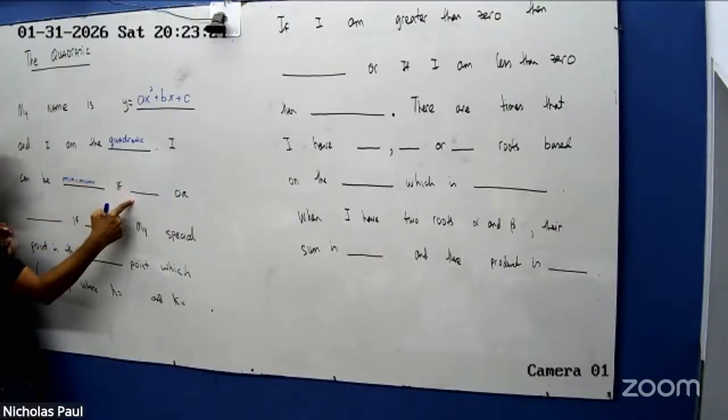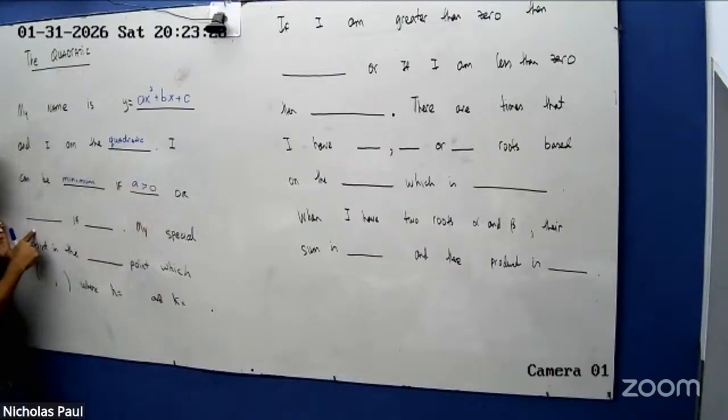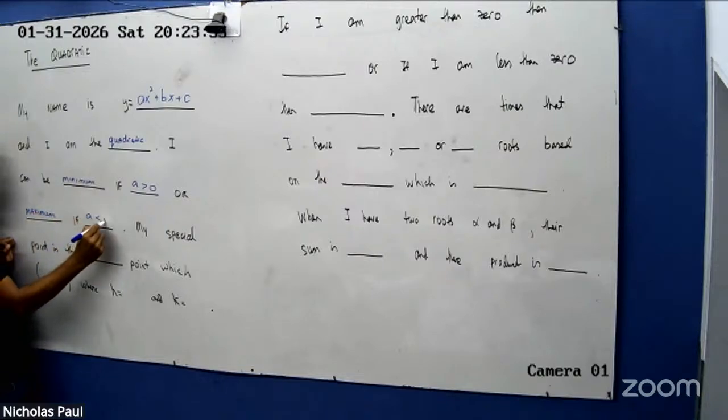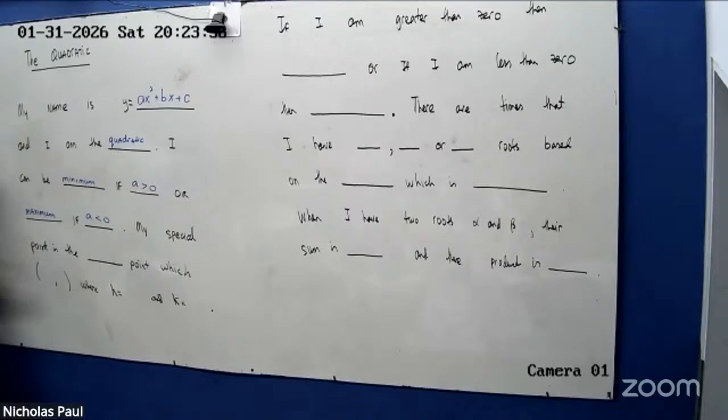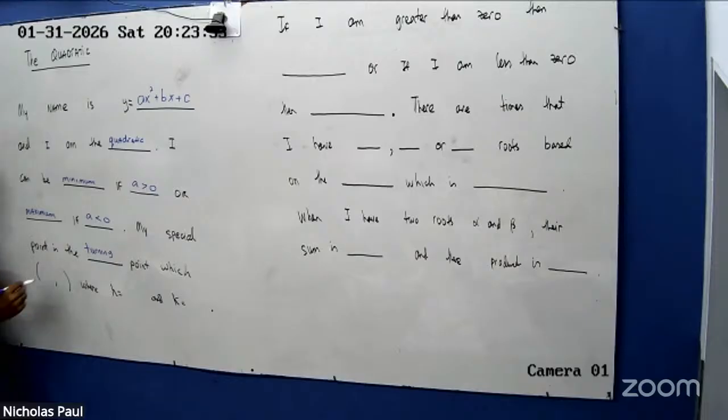If a is greater than 0 or what? My special point is the turning point, the what point and value. What is the turning point?